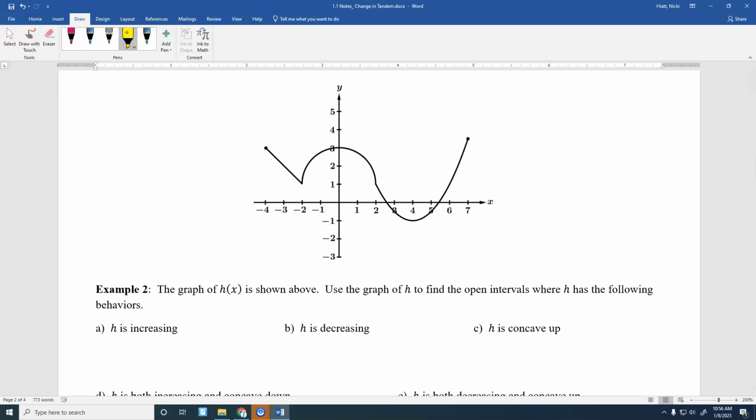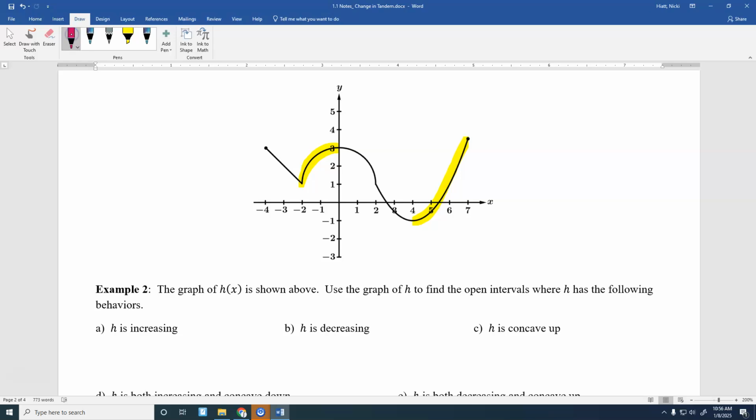If I look at where this graph is increasing, make sure you start left to right. So increasing would be this section of the graph. And then we decrease here, but right here we start to increase again.